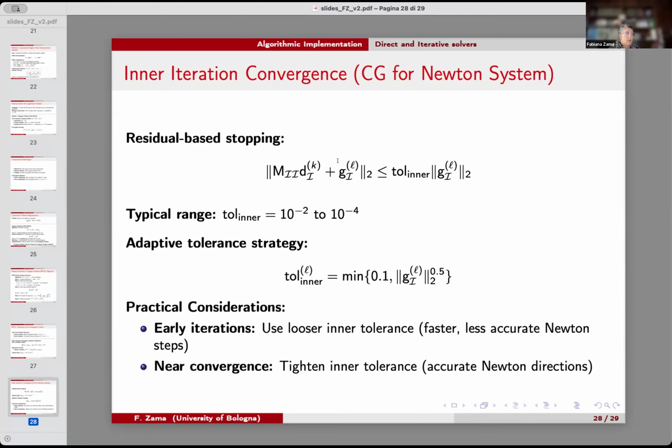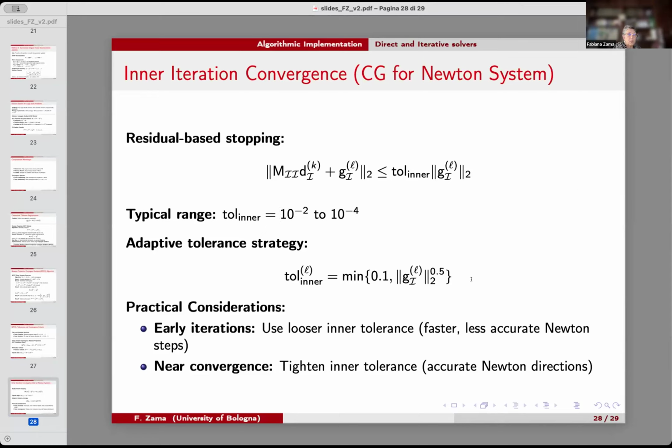We set the relative residual. You see that we can have a larger tolerance, 10 to the minus 2 up to 10 to the minus 4. The price to pay is that if you are not precise enough, you have to spend more iterations. So if you are not so accurate, you need more iterations in the Newton iteration.